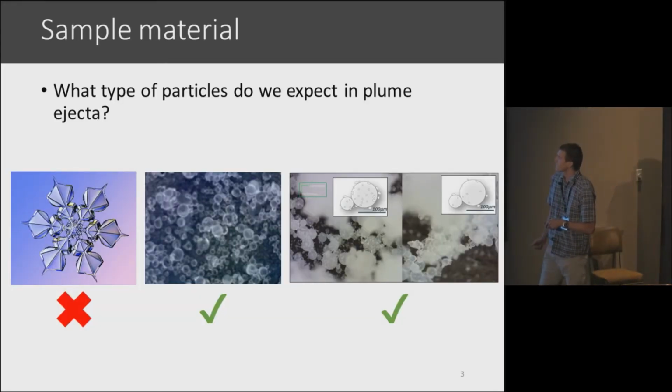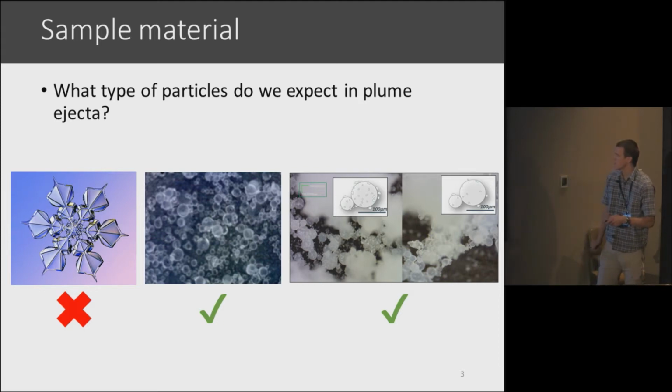So what type of sample material were we dealing with? Of course, we are not expecting terrestrial snowflakes, because they have to evolve quite a long time when condensing from the gas phase. And all the data from the Enceladus or Europa surface suggest that the surface does not consist of such highly regular particles, because there is too much backscattering on the satellite.